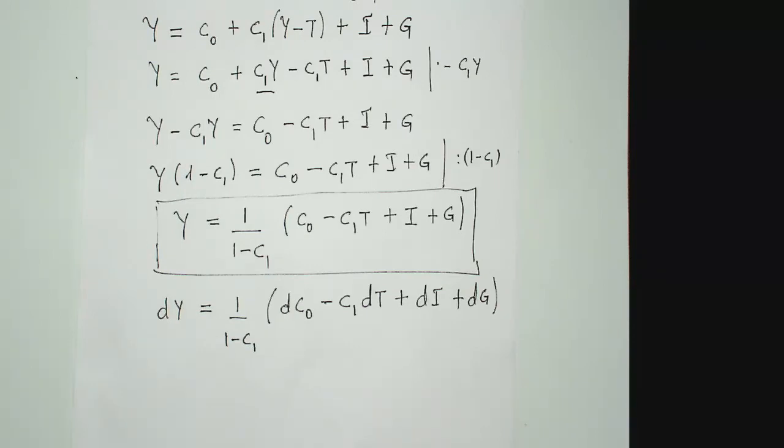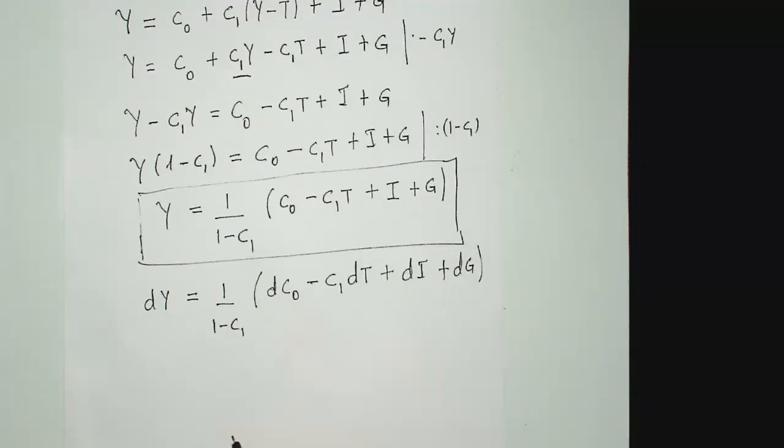As we have said, the government expenditure multiplier reflects by how much our income changes when the government expenditure changes by one more unit.